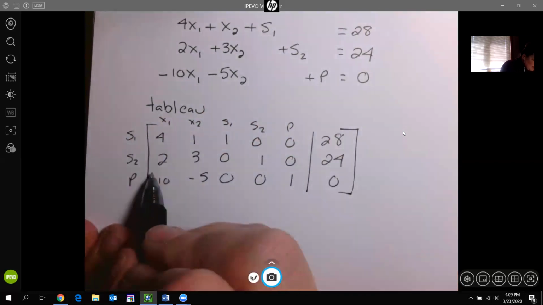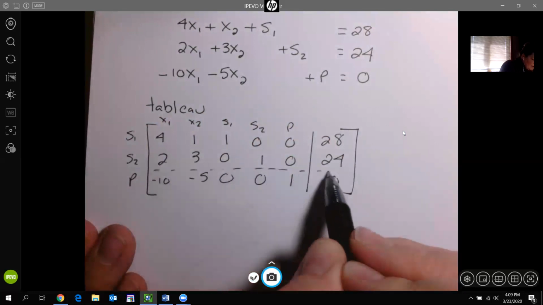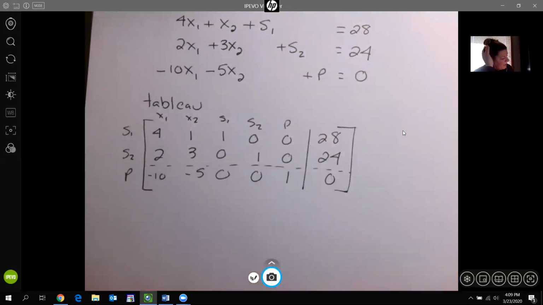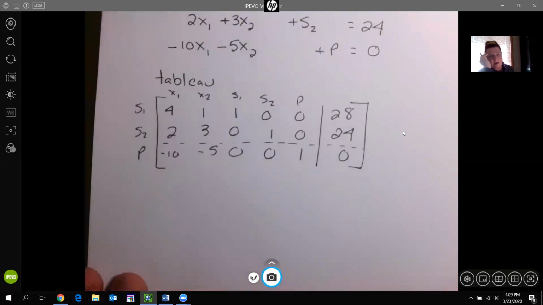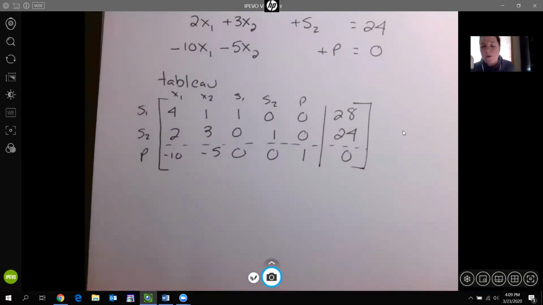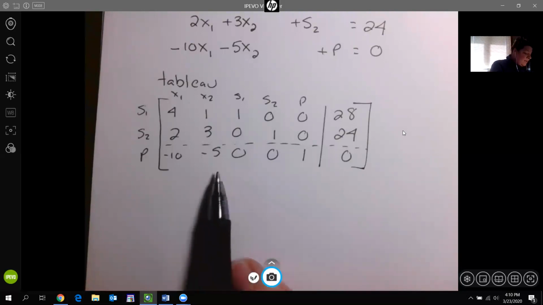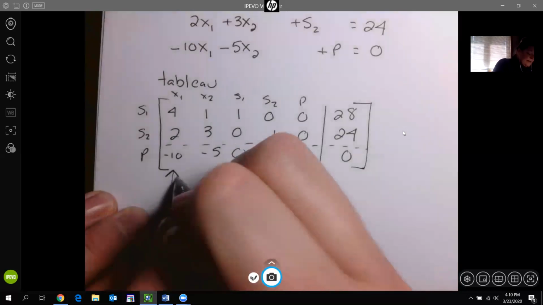Okay, and then we're going to use our line down here as well. This was our initial tableau. Then what we did from here was our pivot operations. We looked for that pivot variable, and we did that by the most negative, which is going to be negative 10.